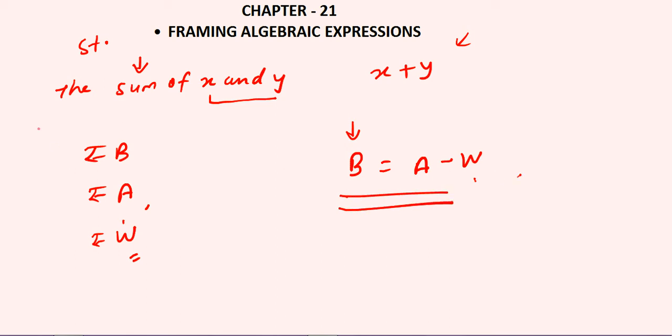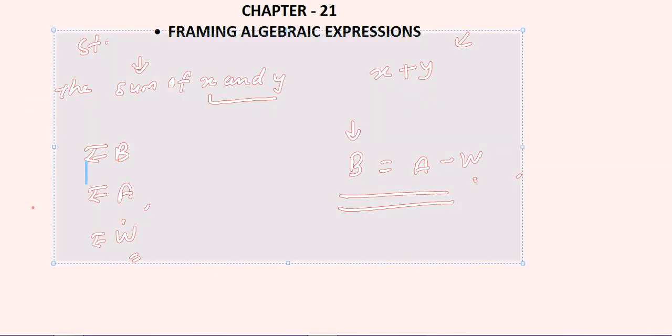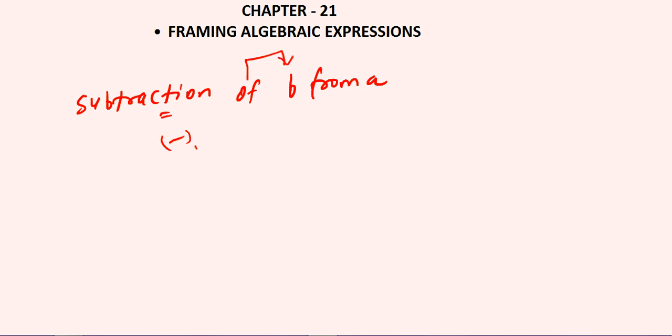Easy statements you will get, don't worry, and you can easily write their formula. So the sum of m and n I have explained to you. Subtraction of B from A: subtraction means what? Minus sign. Of B from A means we are subtracting B from A, so the equation is A minus B.